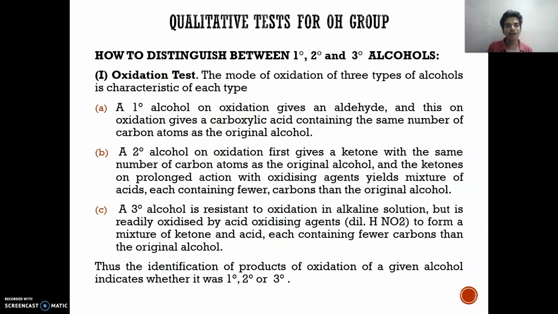So depending upon the number of carbon atoms we get, we get an idea whether it is secondary, primary or tertiary, and which type of compound is formed. In this case we get a ketone.